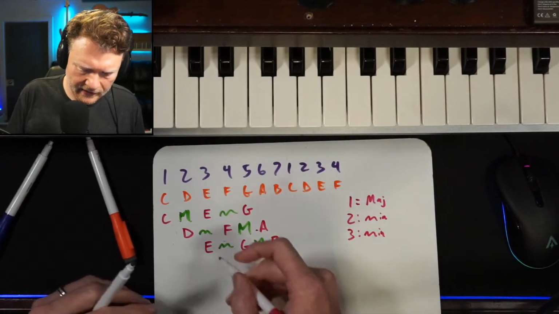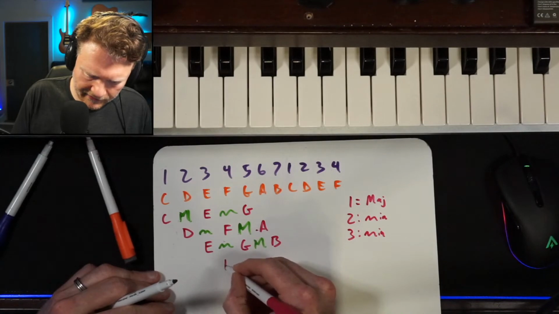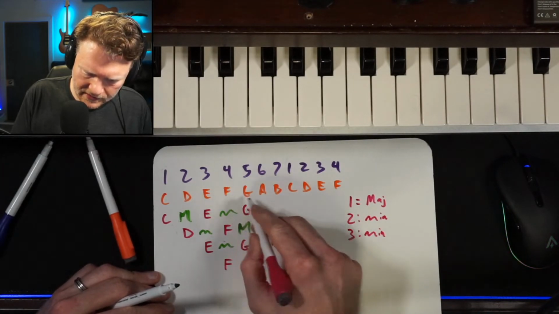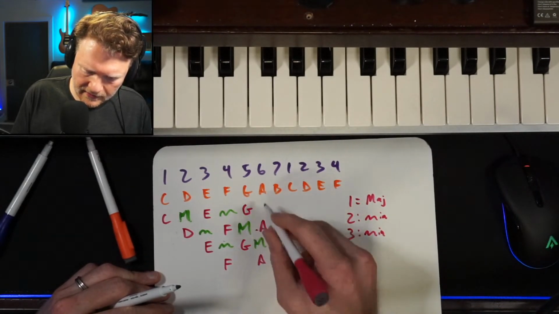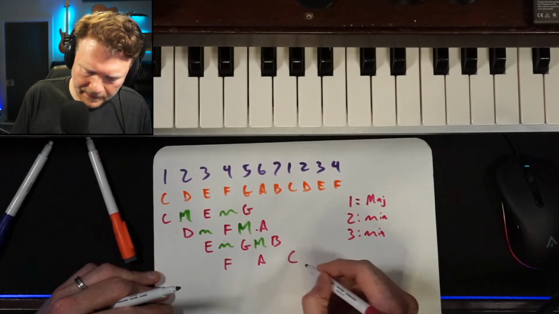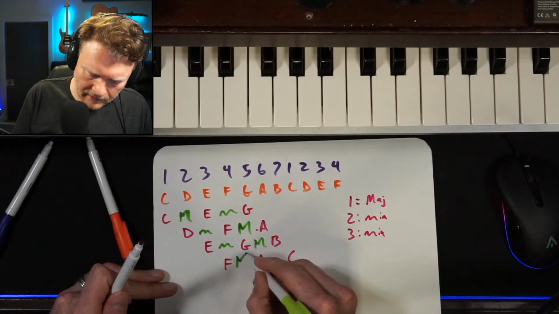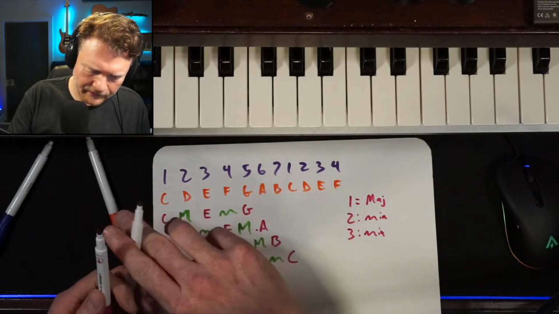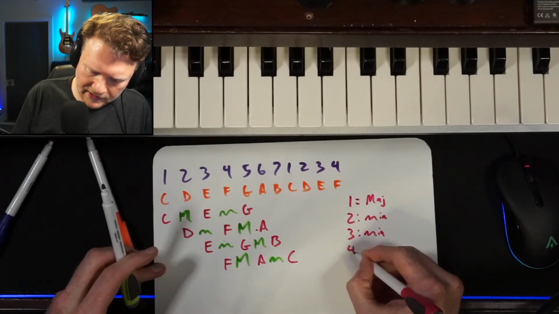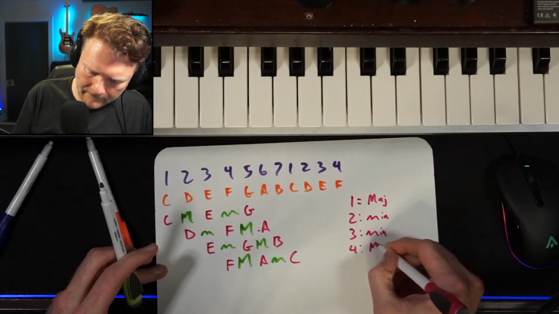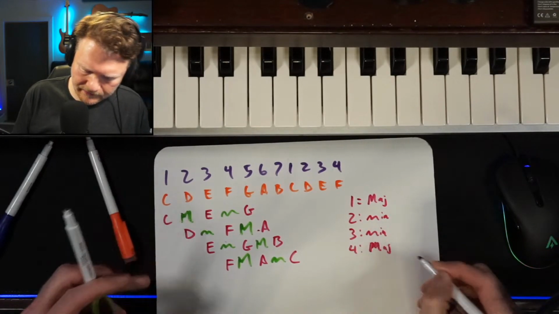And then we have our F, skip to the A, skip to the C, and then our 4 chord is going to be a major third followed by a minor third. Follow with me here, guys. This is good stuff. Yeah, major.